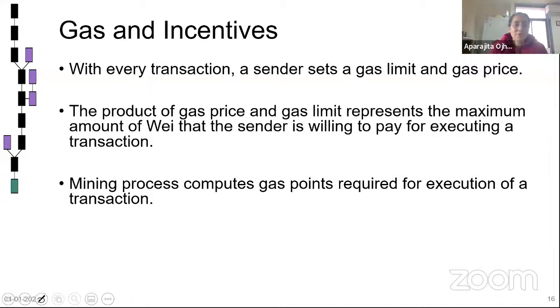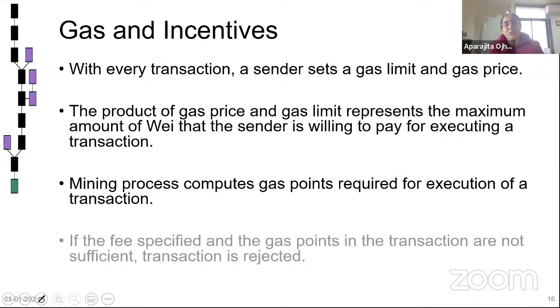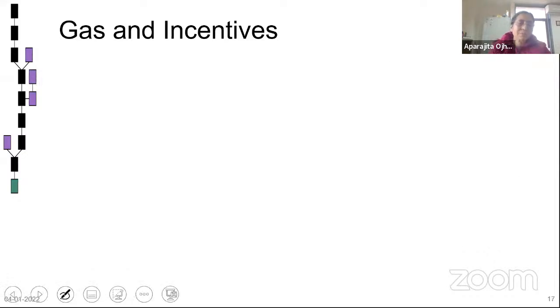So the mining process computes the gas points required for execution of a transaction. If the fee specified and the gas points in the transaction are not sufficient, the transaction will be rejected.